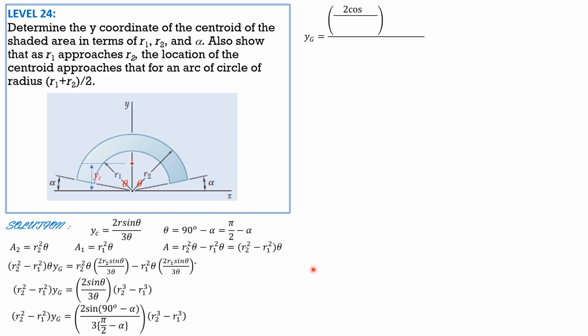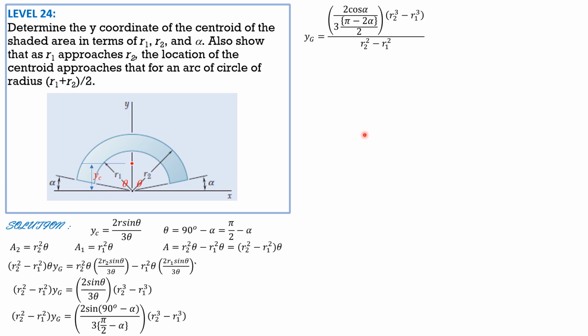So yg is 2 cosine of alpha over 3 times the quantity pi over 2 minus alpha, or pi minus 2 alpha all over 2 after we simplify this, then the quantity R2 cubed minus R1 cubed divided by R2 squared minus R1 squared.